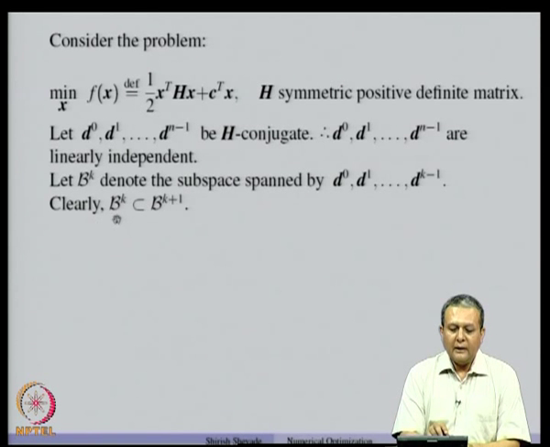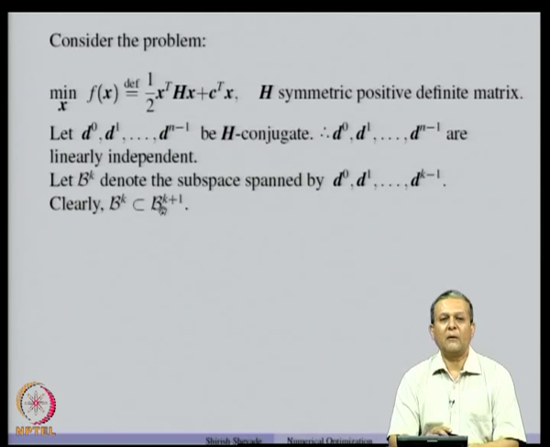Now, clearly the Bk space is a subset of Bk plus 1, because Bk plus 1 will have an extra vector dk which is independent of these. So, the dimension of this subspace is one more than the dimension of the previous subspace, and this is a subset of the set Bk plus 1.